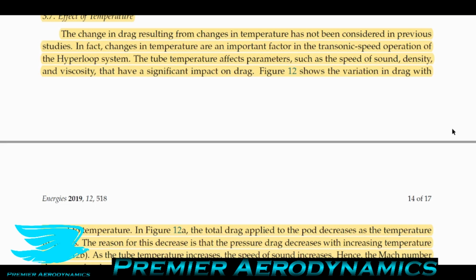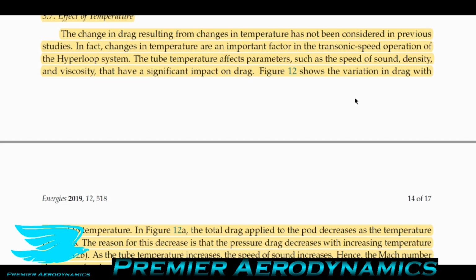And temperature is whatever you want, maybe 300 Kelvin or 280 Kelvin, whatever. And so if you increase the temperature, the speed of sound will also increase. And so that means that if the temperature increases, you can actually go faster without having a higher Mach number, because the speed of sound is higher.